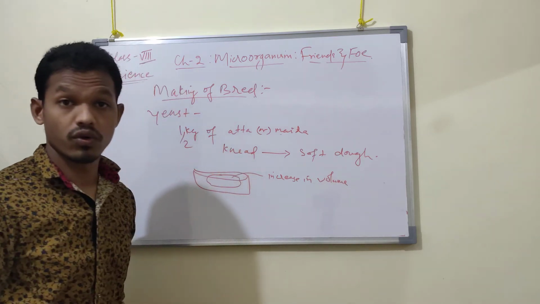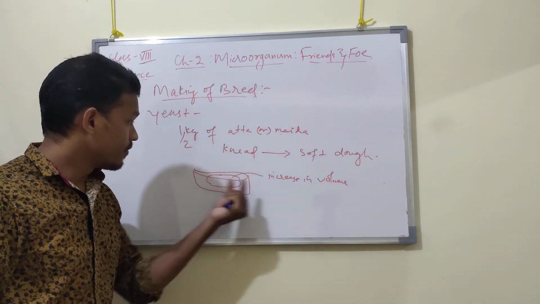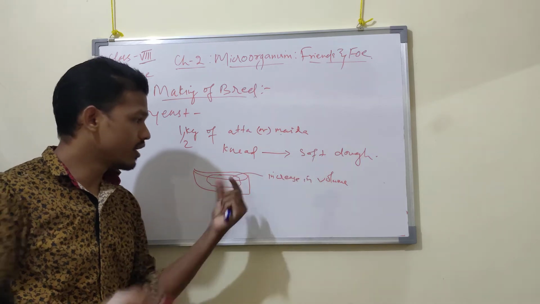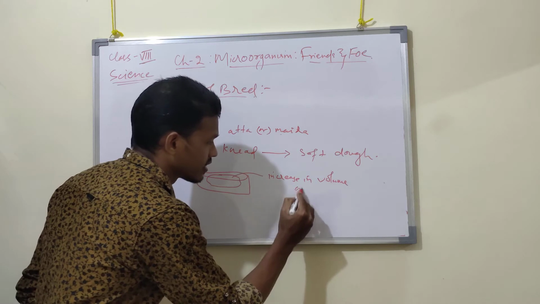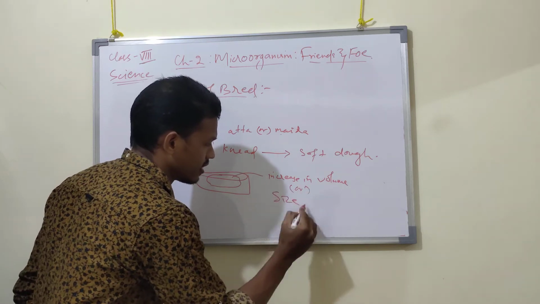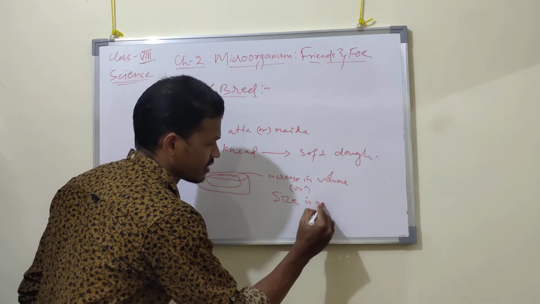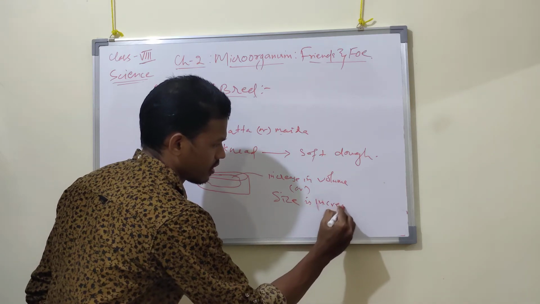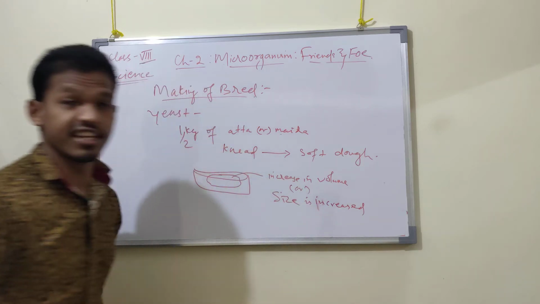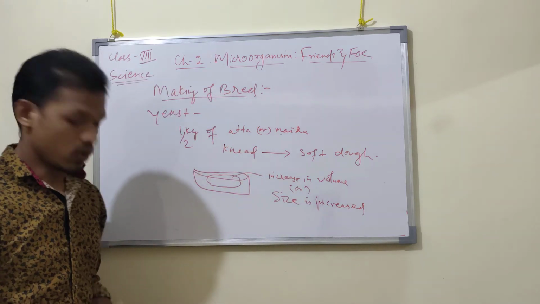Why is it so? How does the soft dough increase in volume? Its size is increased. Why?